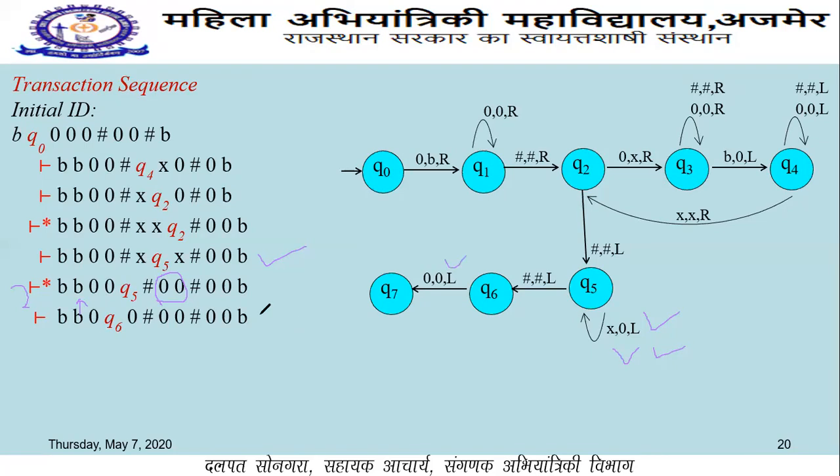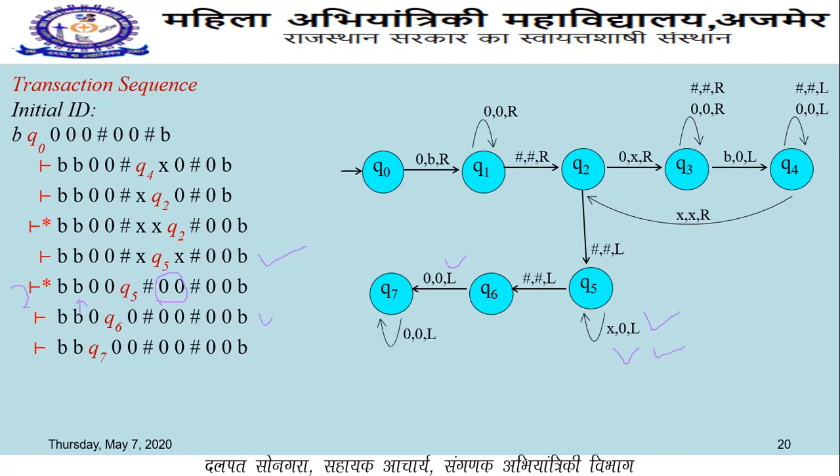At this transition sequence, we move to the next situation like this. At this situation, at q7, if we are reading 0, then we just pass this 0 and take a left turn.